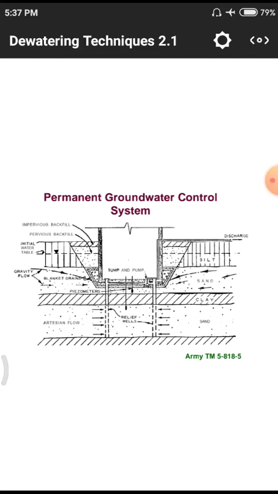That means it belongs to the government, and they have to rescue the people, so they have different kinds of techniques used to control deflections and collapsing of structures, and they particularly use the groundwater control system.